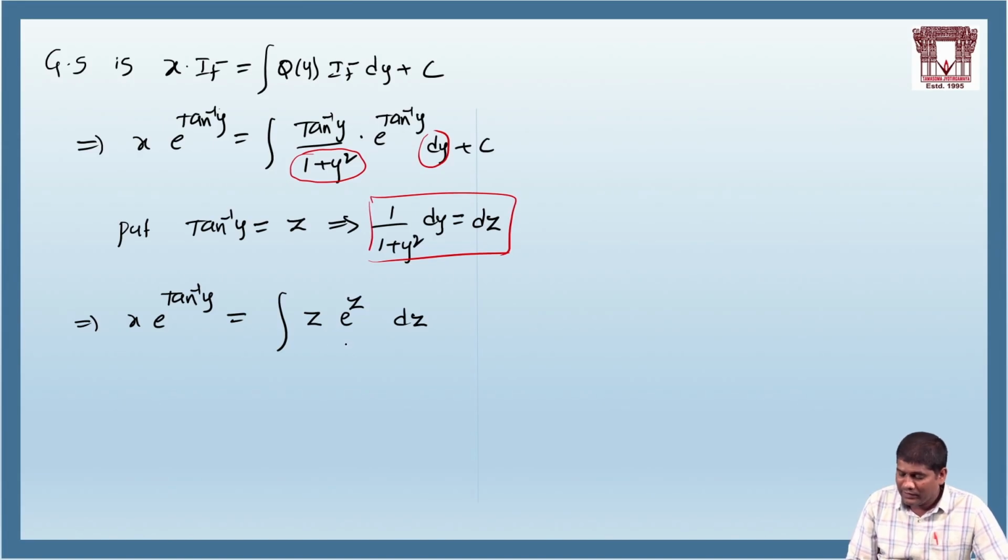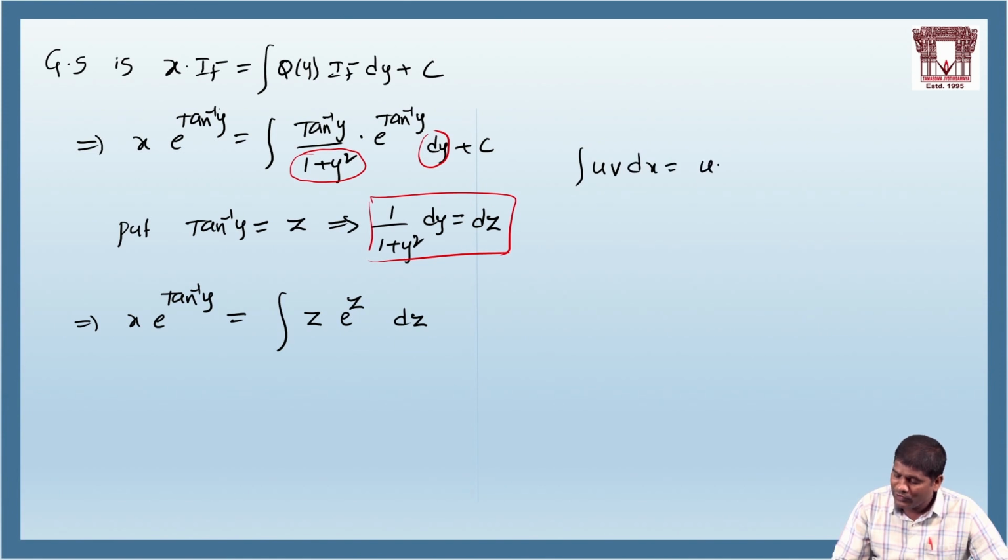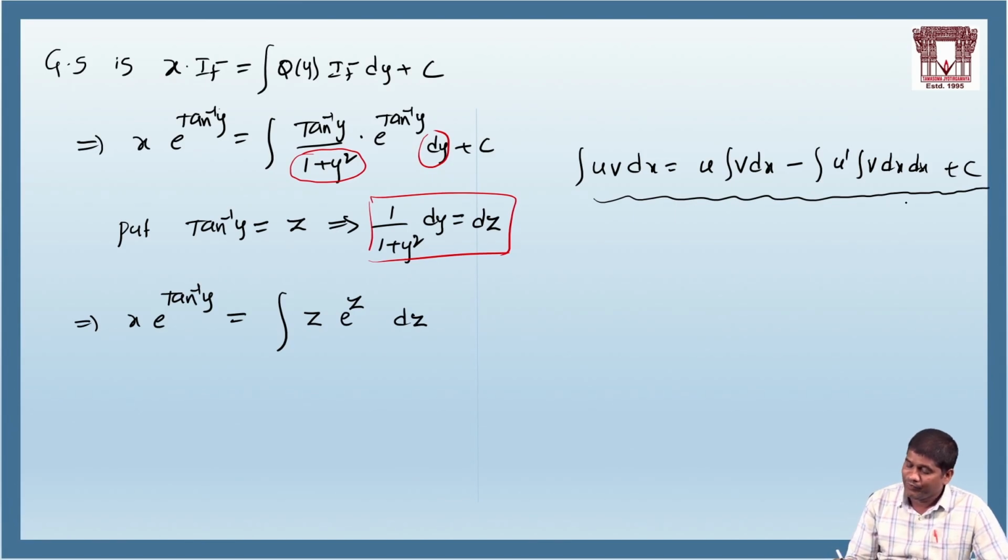We can evaluate this by integration by parts. We know the integration by parts formula: the integral of u v dx equals u times the integral of v dx minus the integral of u' times the integral of v dx, whole times dx, plus c. Here u is z and v is the exponential function.